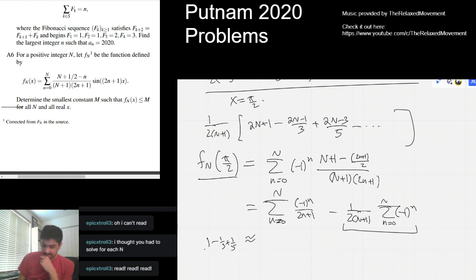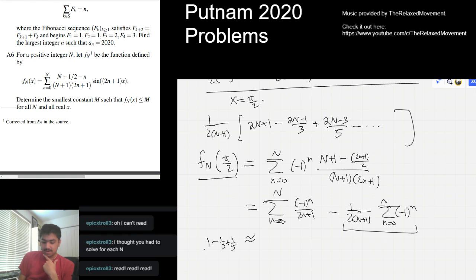Okay, but anyways, if capital N is odd, then the second term is 0, and then the first term ends on a minus, so it's less than or equal to the final series sum.